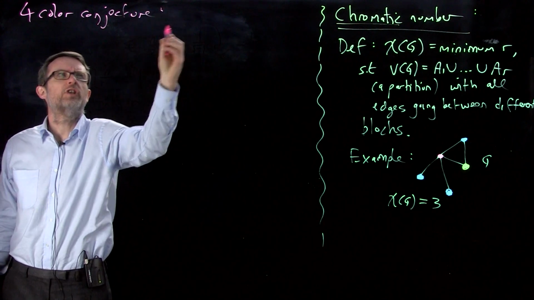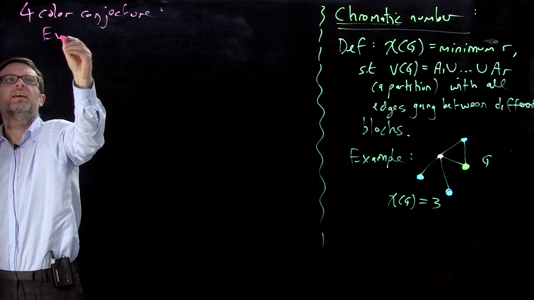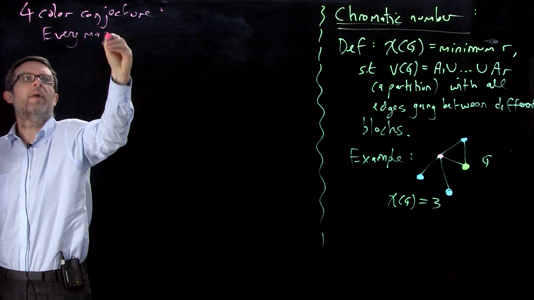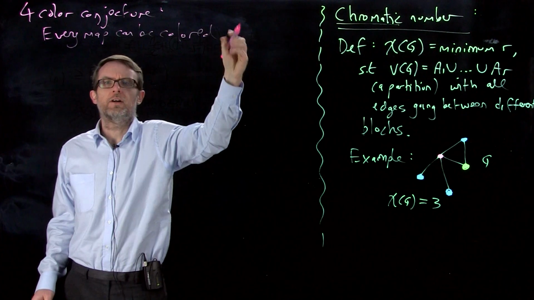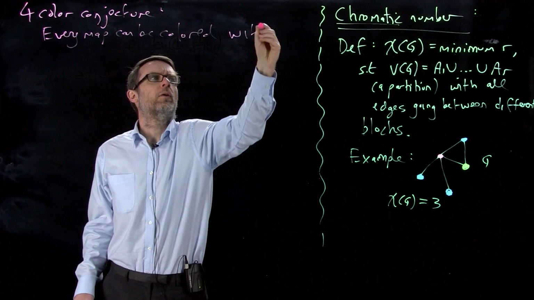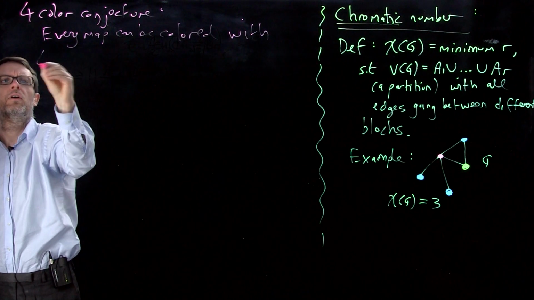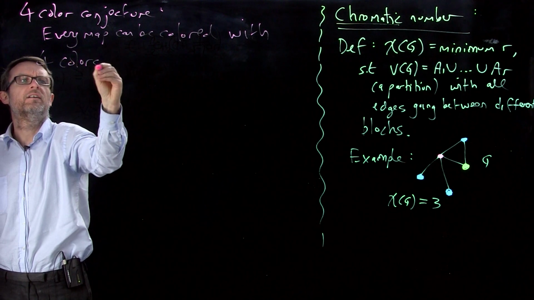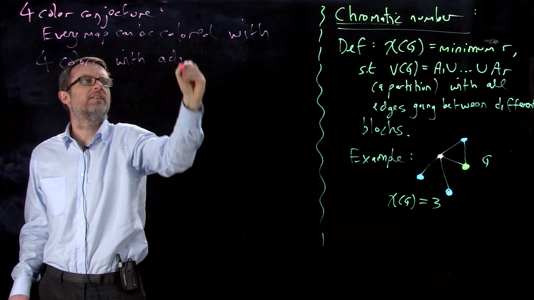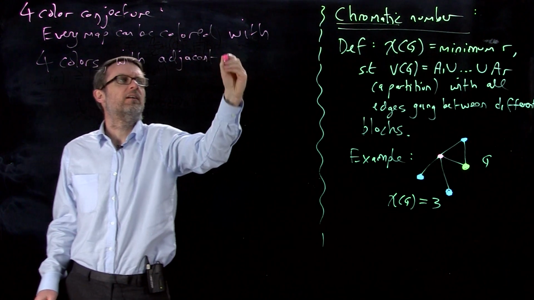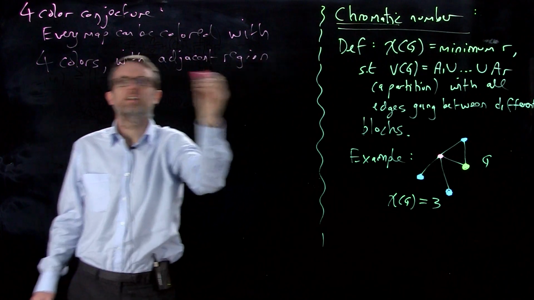So the 4-color conjecture was that every map can be colored with 4 colors with adjacent regions getting different colors.